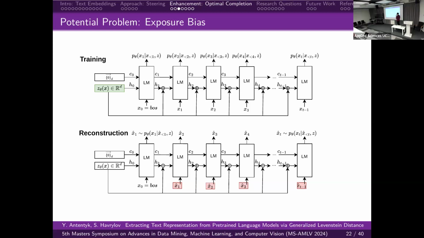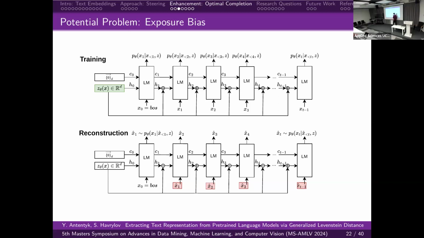So when we do reconstruction with this vector Z, we condition our language model on vector Z, and we sample the next token from the probability distribution. And there is no guarantee that this x hat 1 will be equal to x1.